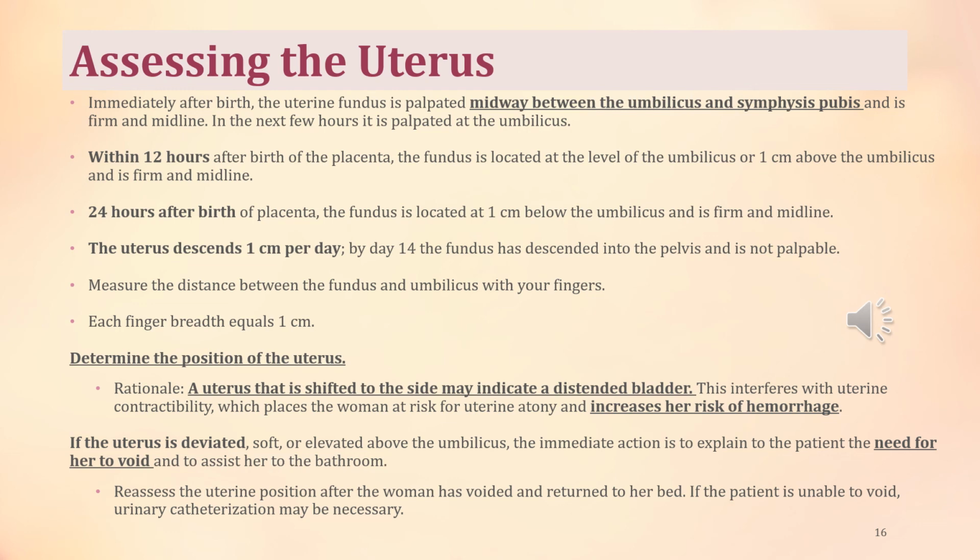Okay, so that's why I said it's just easier when you first come on to have mom get up and void or find out how long it's been since she has voided, because this is an indication that she has a lot of bleeding going on. So we need to take away the easy things first, right? We need to deduce what is happening. So we're going to start with the easy thing, have her go void, and then reassess it. If I reassess it after she voids and that uterus is still in the wrong place, it's displaced, or it's still boggy, then yes, I'm going to contact my physician. Okay.